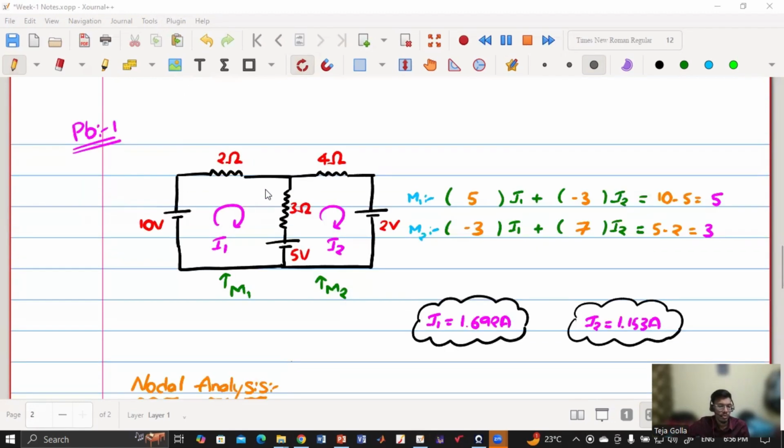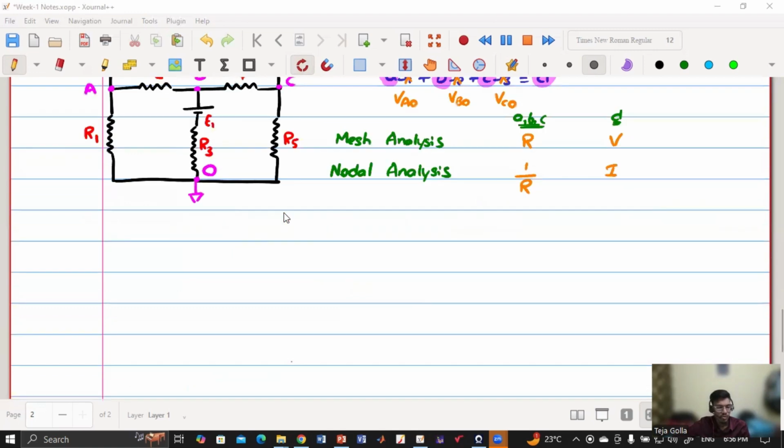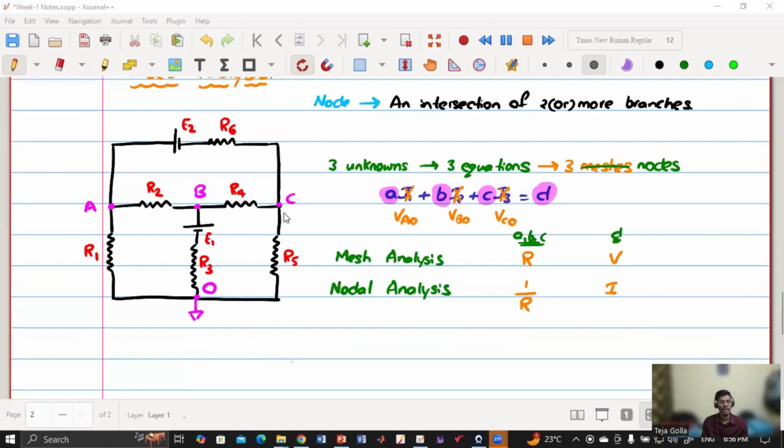So suppose in a question they are asking currents or voltages, you have to see whether applying the nodal analysis or the mesh analysis makes your life simpler. You have to make a choice unless specified. Most of the problems will specify to use this or that. If they specify, you have to use that. If they do not specify, you have to check whether mesh analysis or nodal analysis is easier.